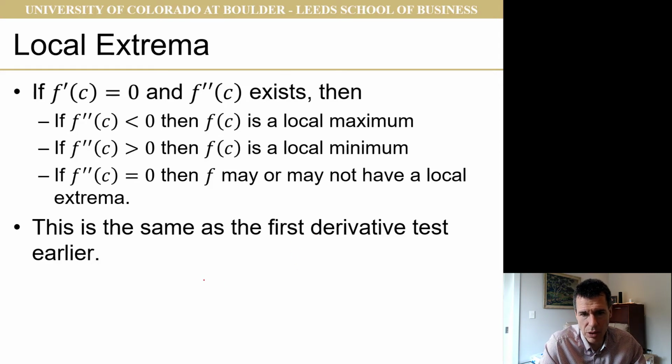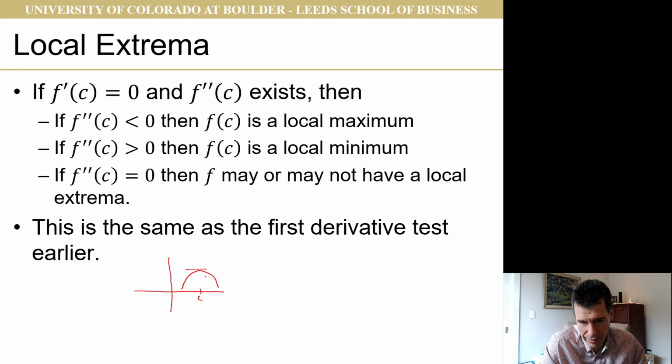So let's look at some pictures. F prime of c equals 0, and f double prime of c is less than 0. Well, that means if we draw our function, we've got a function that must look like this, right? F prime of c equals 0, so the slope of the function is 0 at c, and it's concave down.